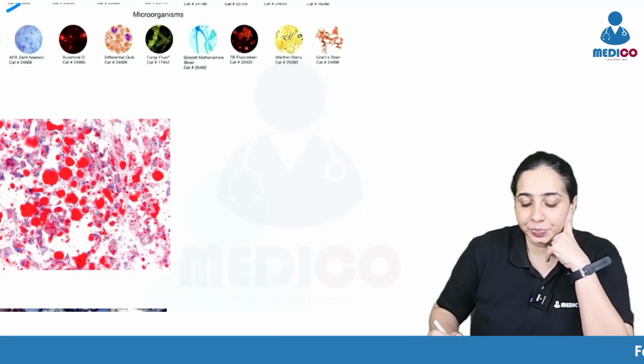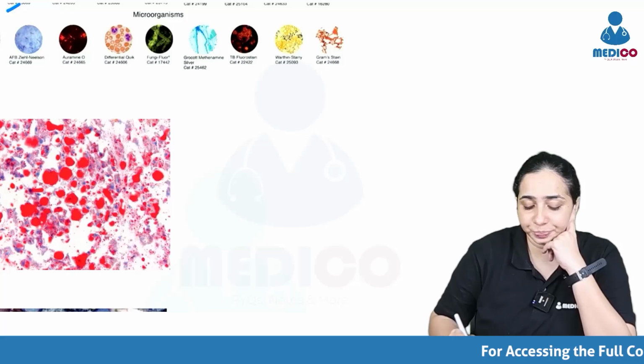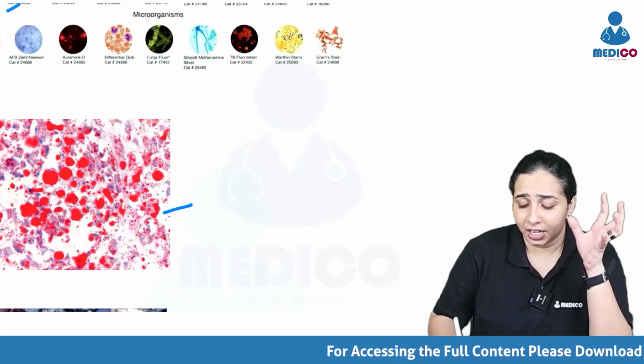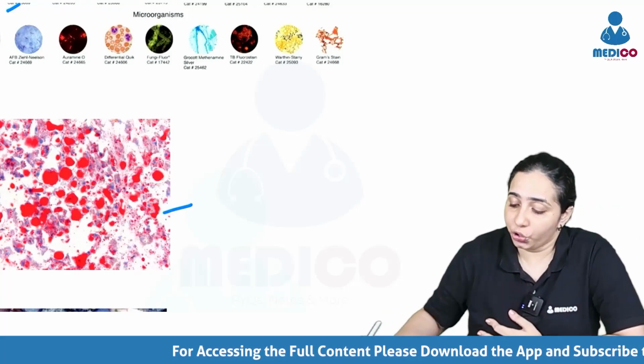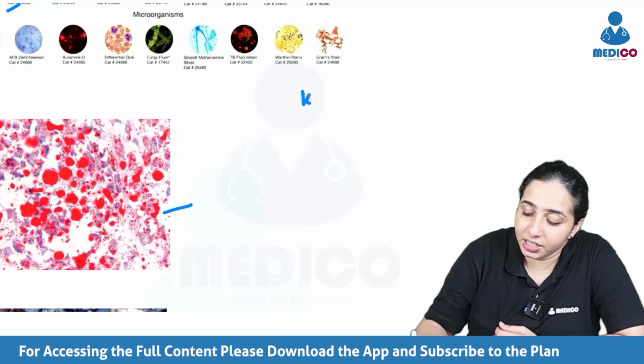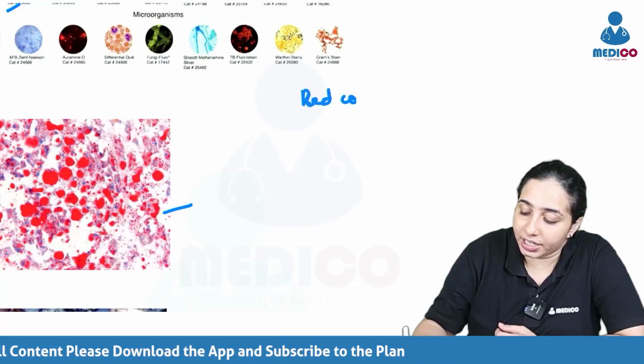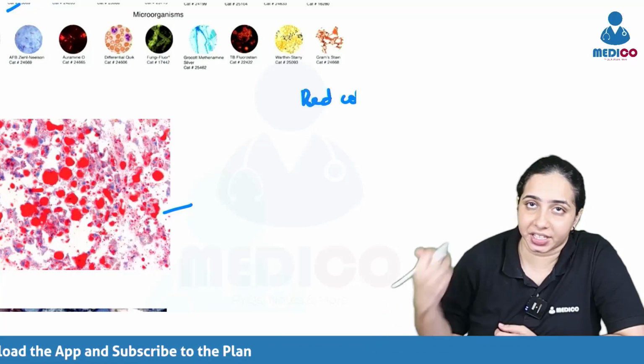So let's take the images one by one. The first one is, you see some red color stain. If it is a red color stain, there are two common stains with red color.